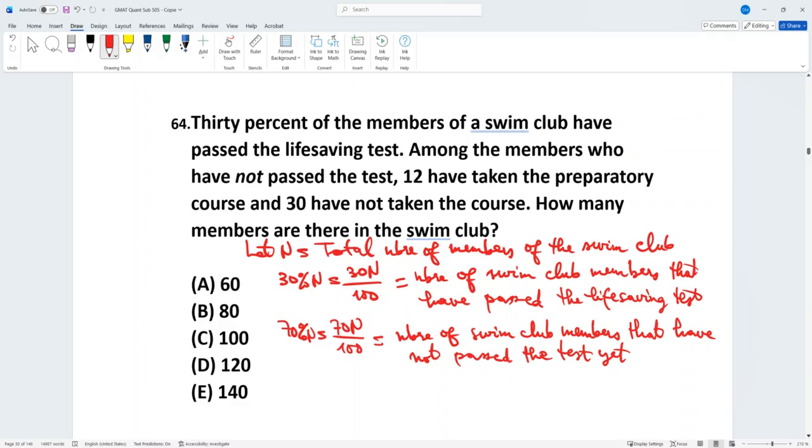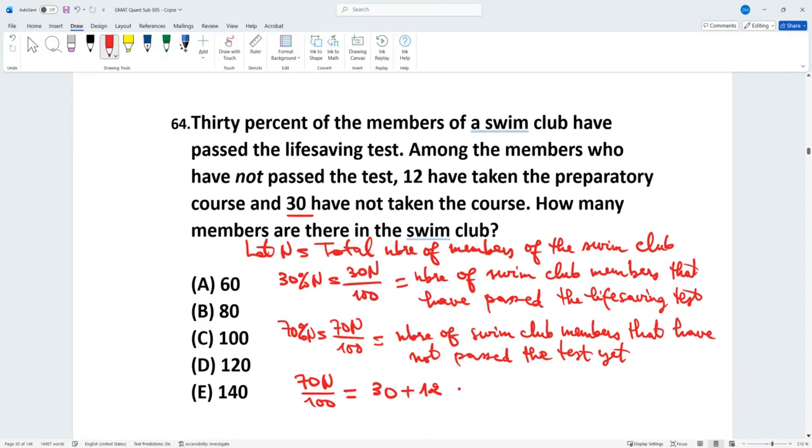Okay, so now the question says, among the members who have not passed the test, 12 have taken the preparatory course and 30 have not taken the course. How many members are there in the club? So among the 70n over 100, we know that it's made up of 30 members that have not taken the course, and 12 that have taken the preparatory course.